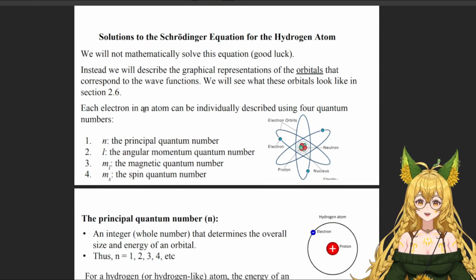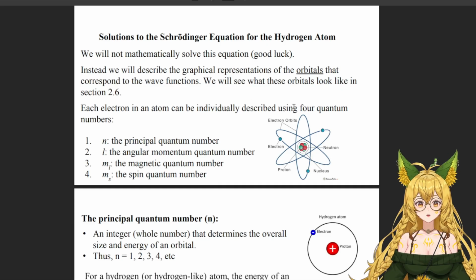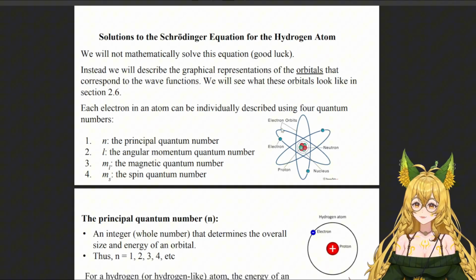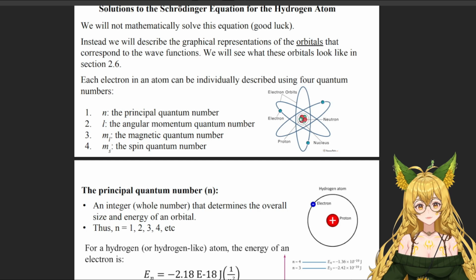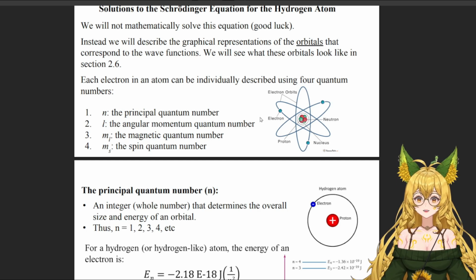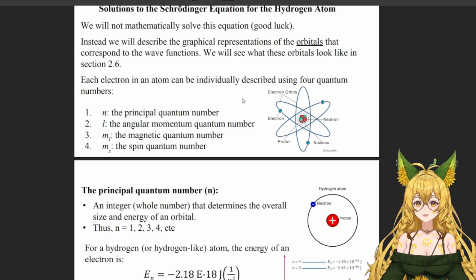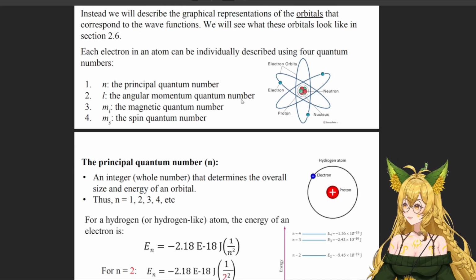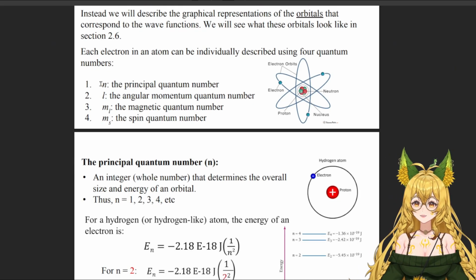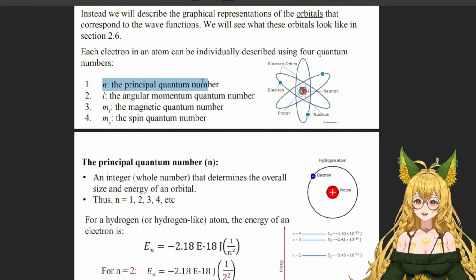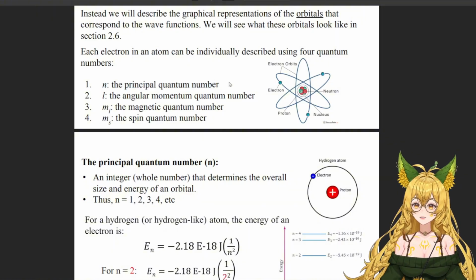Each electron in an atom can be individually described using 4 quantum numbers, and this is going to be really fun. It's going to be a little hard at first, but once you guys get it, you guys are going to be absolute pros, and it is going to look crazy once we actually start getting going. So we got n, which is the principal quantum number, which you guys are actually already familiar with. We've solved those n's from before.